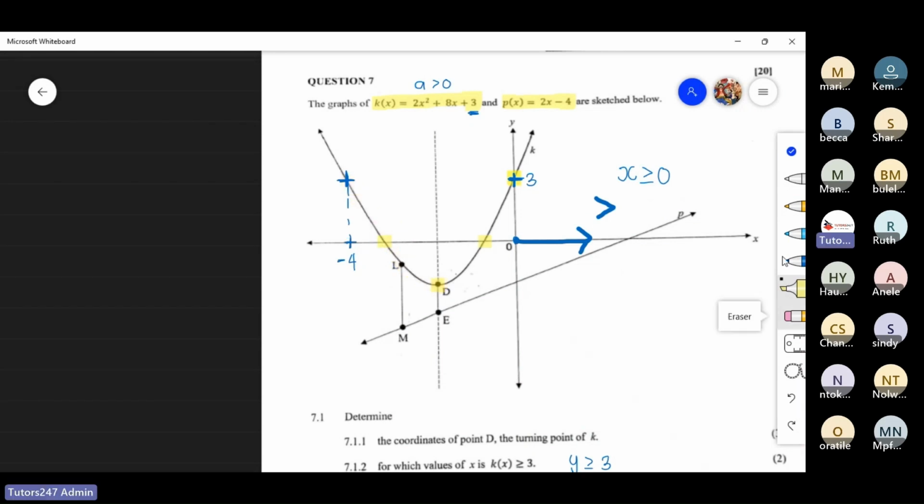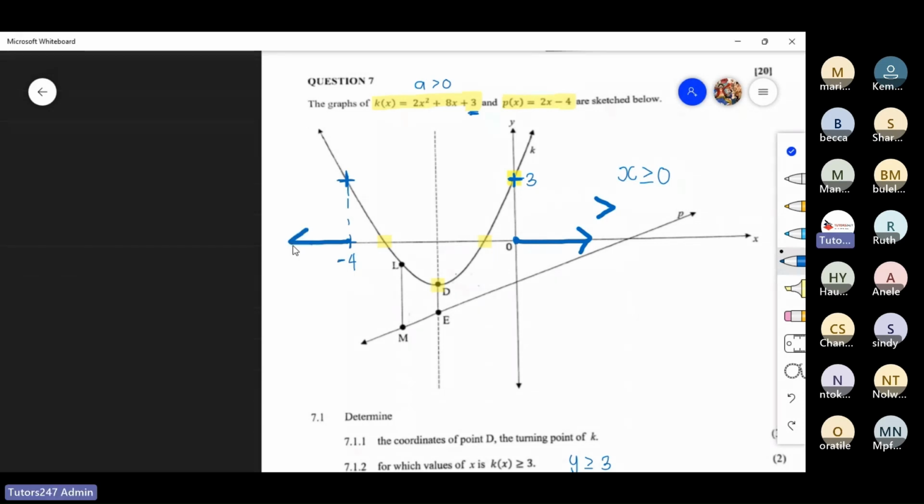Let's have a look at the left. So if we go to the left of negative 4, are our values of y becoming greater than or less than 3? So as you can see, as you move to the left of negative 4, your y values are becoming greater than 3. So all you need to do is look at the inequality sign.